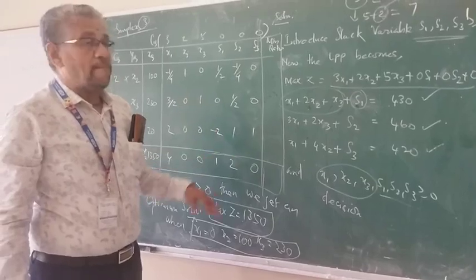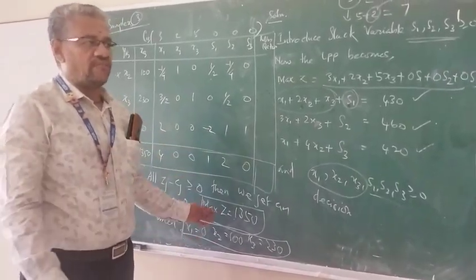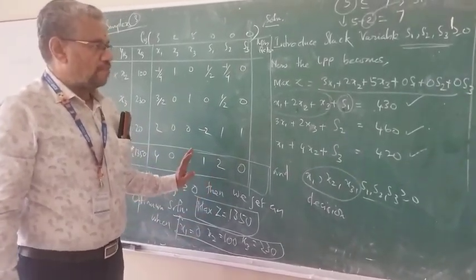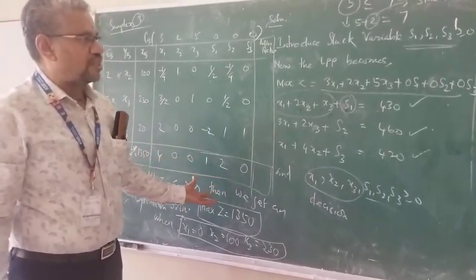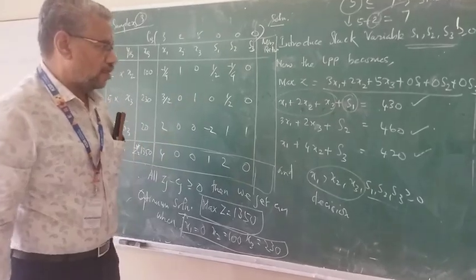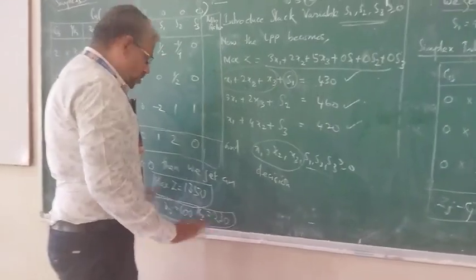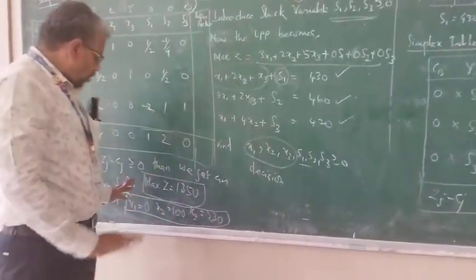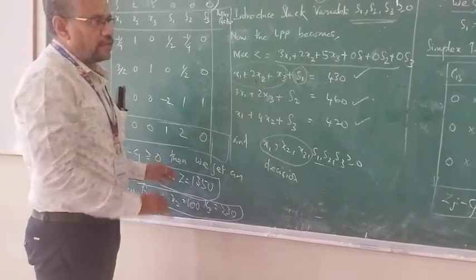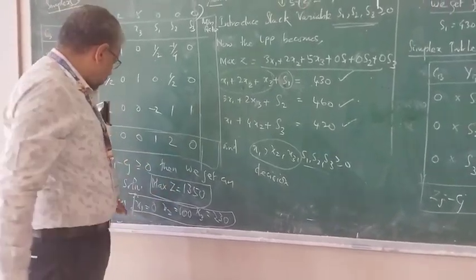So you are getting the maximized profit for the given LPP problem. You can also check whether the answer is correct or not. It will take just 2 minutes. That's all, we solved the problem. You will definitely get one question from this method.